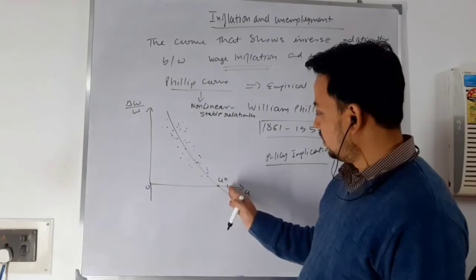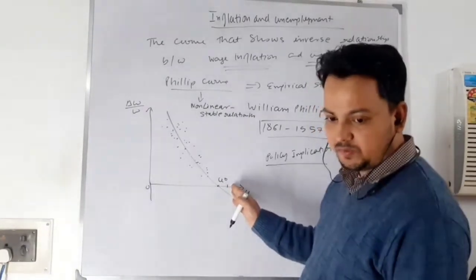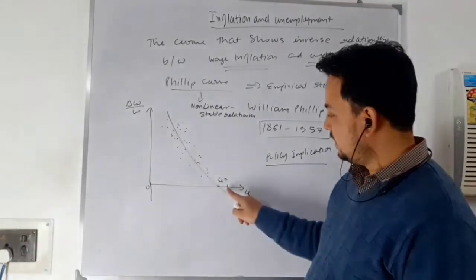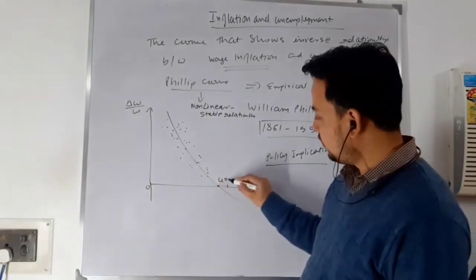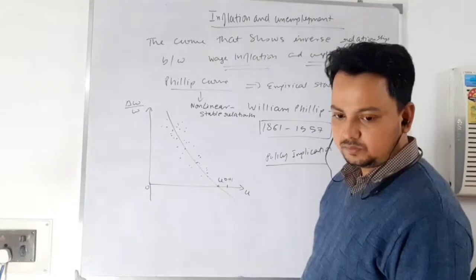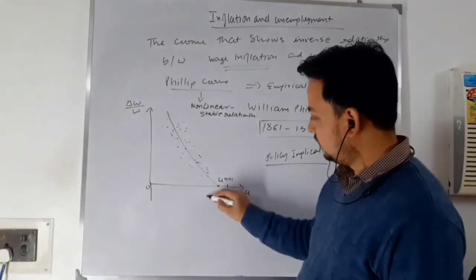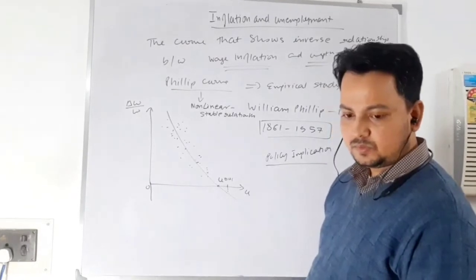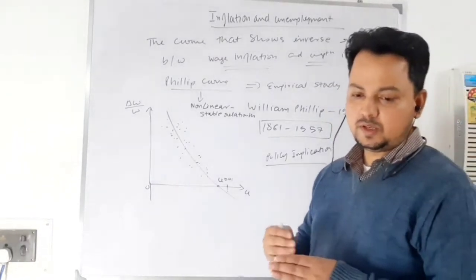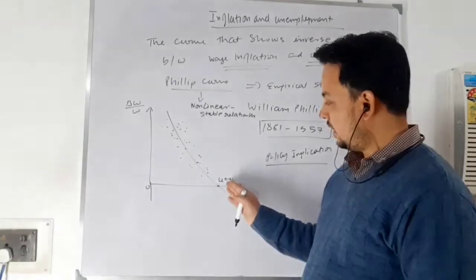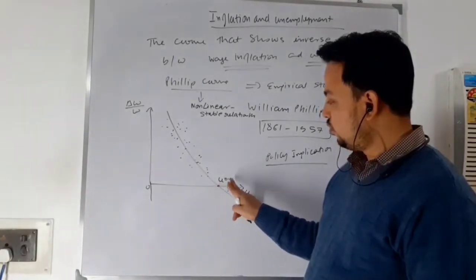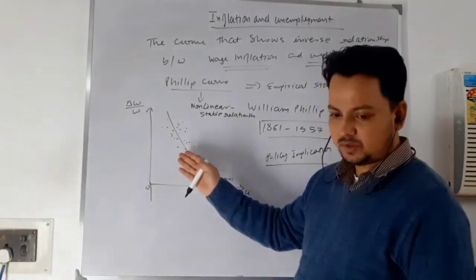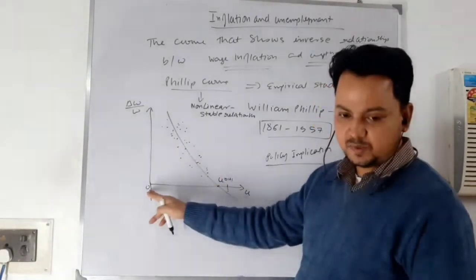If there is an increase in unemployment further from U0 to U1, what will happen? There will be deflation in the economy. Wages will fall. Suppose in 2020 I am earning 100 rupees. At U0 there is zero wage inflation.